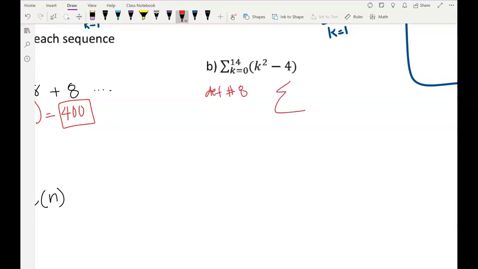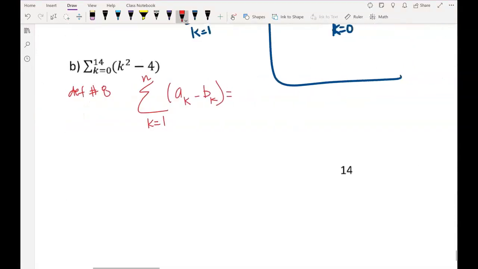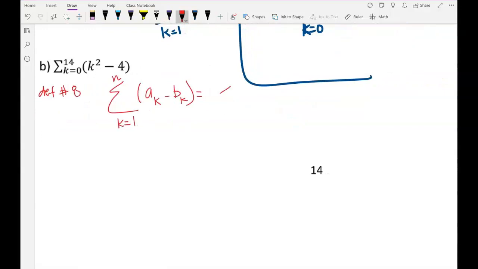There is this formula right here. It says k has to start at 1, ends at n, and then it says the summation of a subscript k minus b subscript k is identical to the summation of k equals 1, ends at n, of a subscript k, take away the summation of b subscript k.